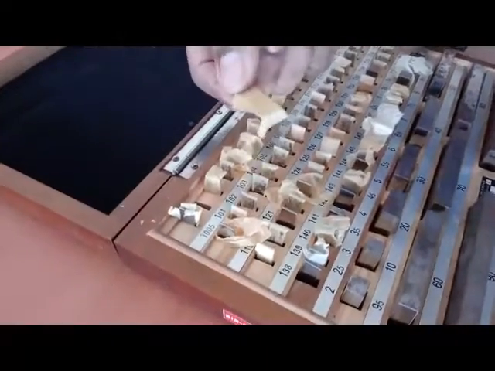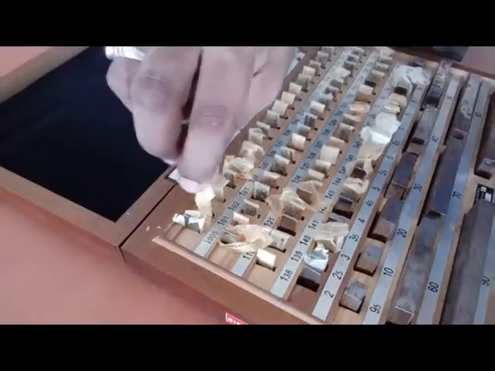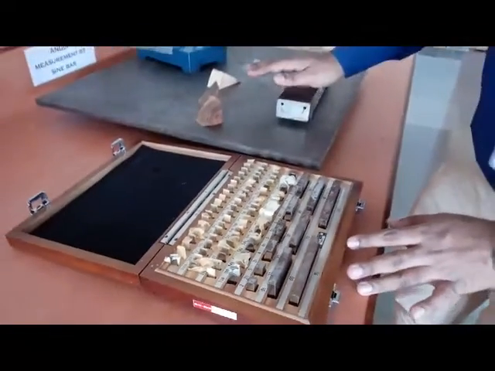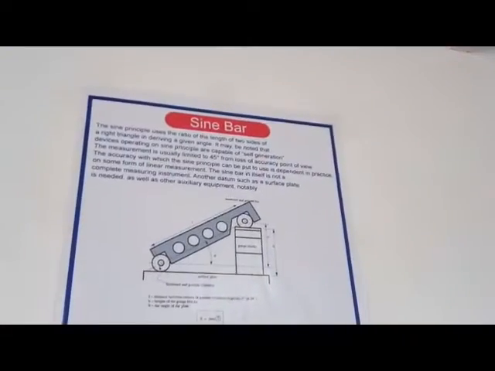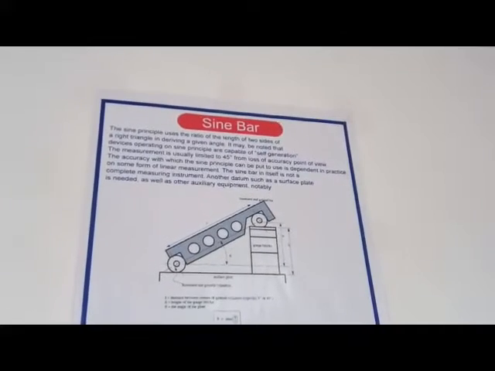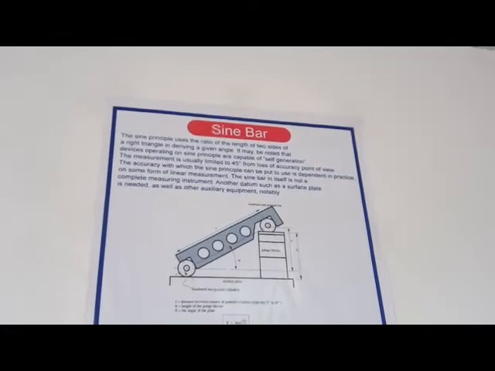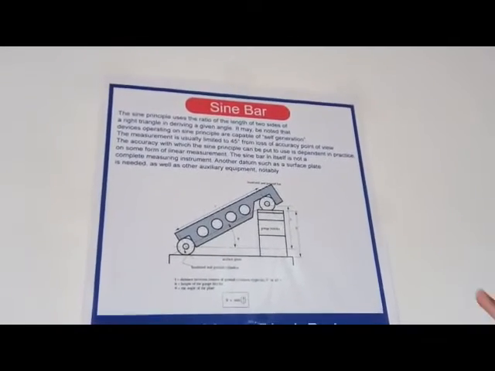Slip gauges can also be shown over here. So what all is required has been shown in the experiment. Let us start with what experiment we want to perform. Let us understand the theory behind that.